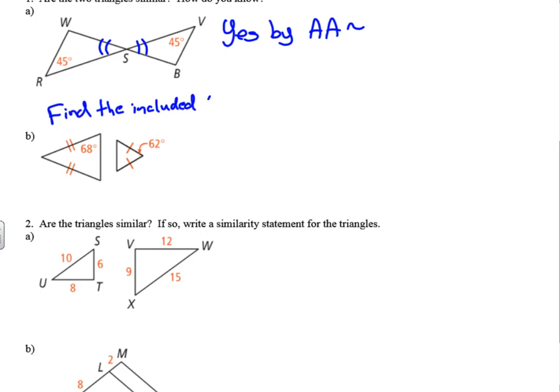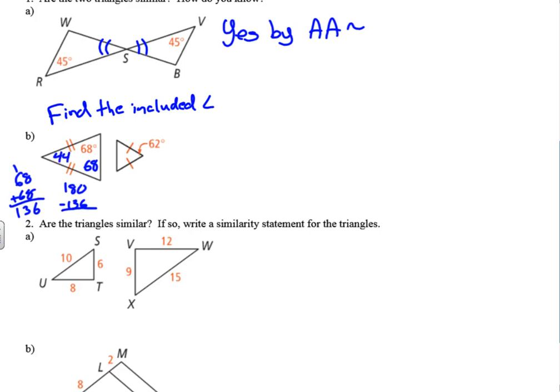This is an isosceles triangle, so this is going to be 68, and 68 plus 68 adds together to be 136, and 180 minus 136 is going to be 44.